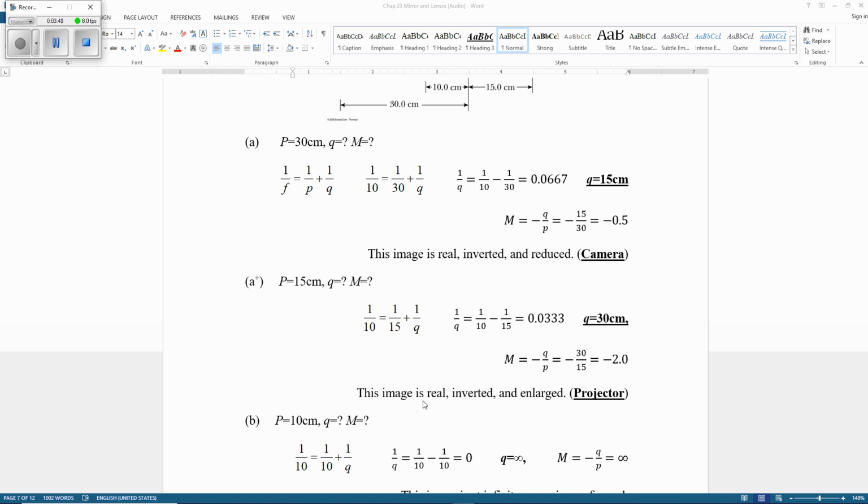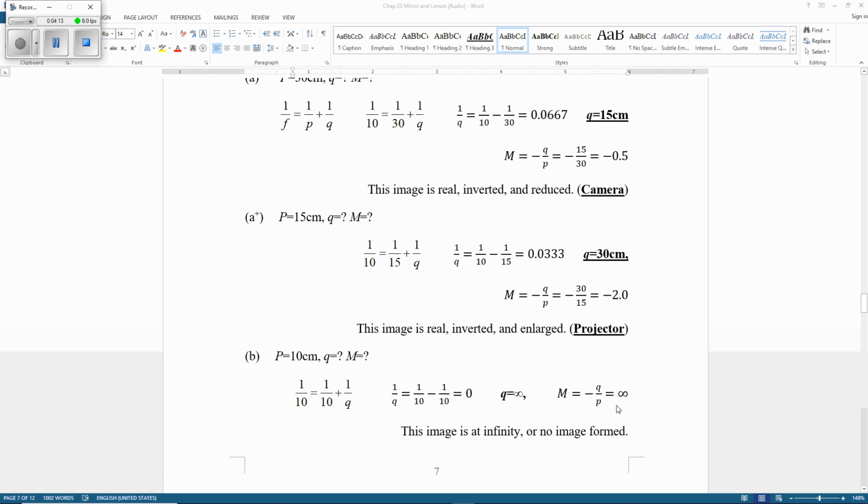So this image is real because Q is positive, inverted because M is negative, but enlarged because the absolute value of M is bigger than 1. So the image is real, inverted, and enlarged. That's the principle of a projector.